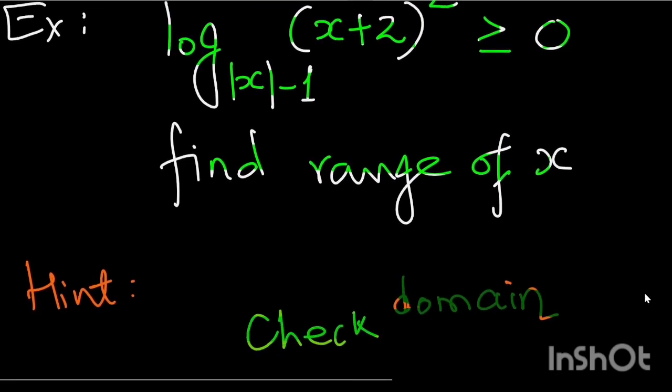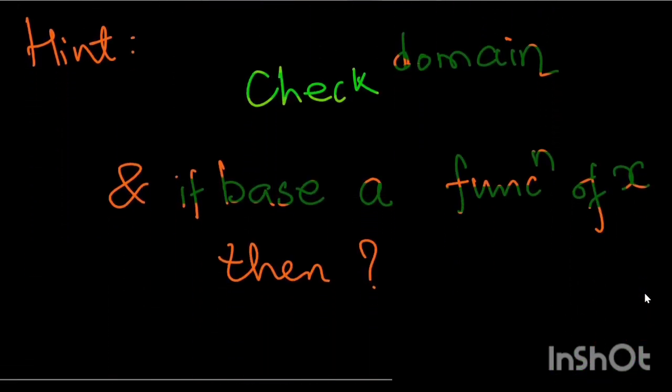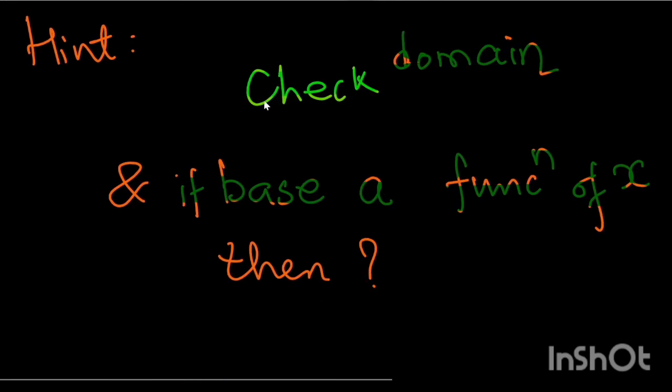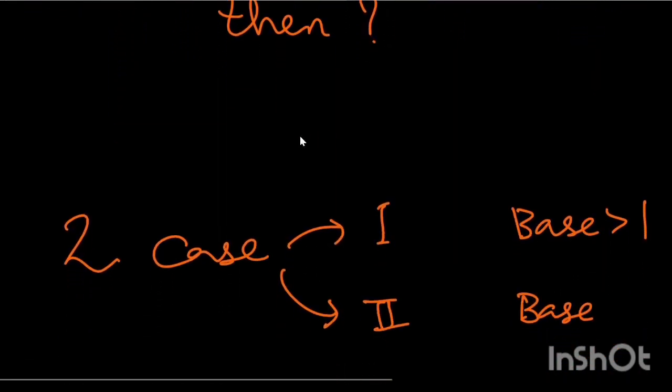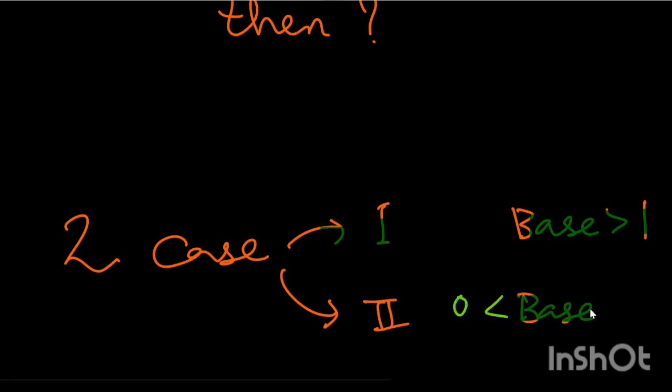If you can recall, if the base is also a function of x, then we have to take two cases, guys. In the first case, we assume the base to be greater than 1. In the second case, the base has to be assumed between 0 and 1, so that we can solve it further.